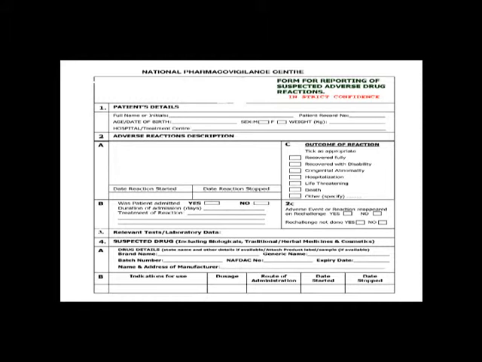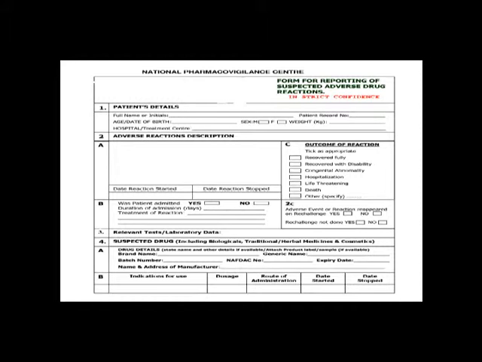So these are types of forms that are available for reporting, and you as a healthcare professional need to just fill up this form and pass it on to the local hospital authority, who will then look into this matter of adverse drug reactions related to the drug.